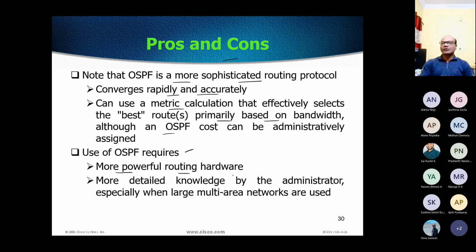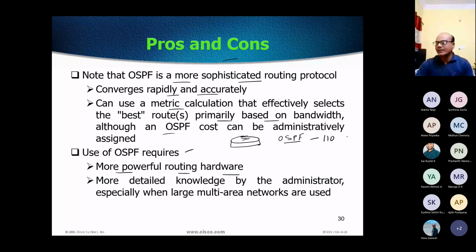More powerful router hardware is required, so your router should be more powerful, guys, to configure OSPF, because OSPF is going to consume a lot of hardware resources. The AD value for OSPF is 110, and it takes a lot of time to form the adjacency.